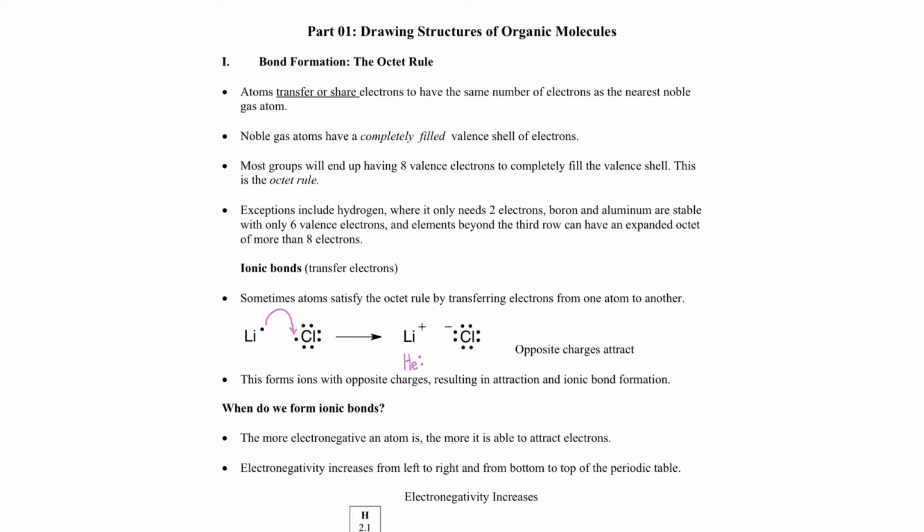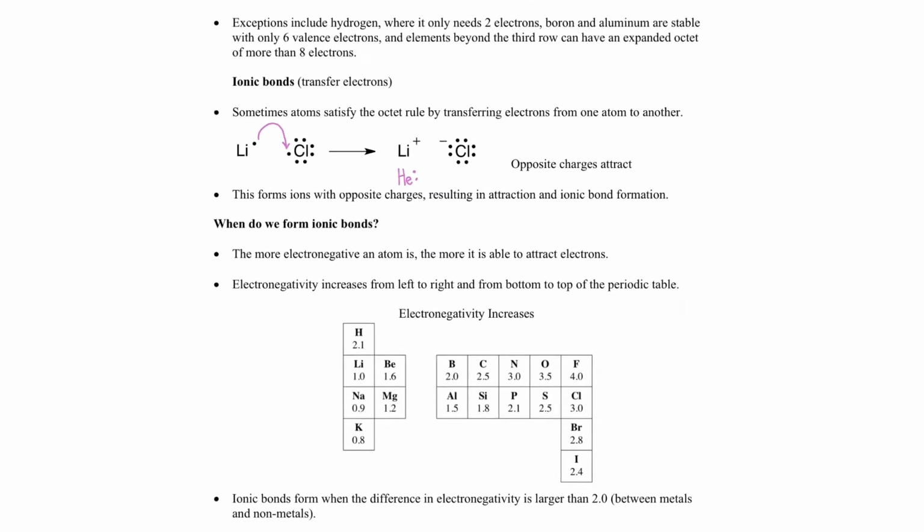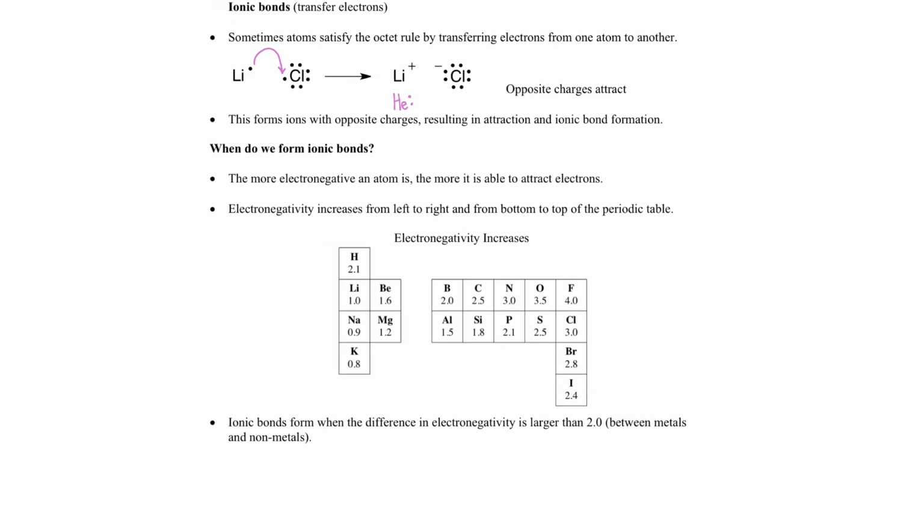So when exactly do we form these ionic bonds? The more electronegative an atom is, the more it is able to attract electrons.